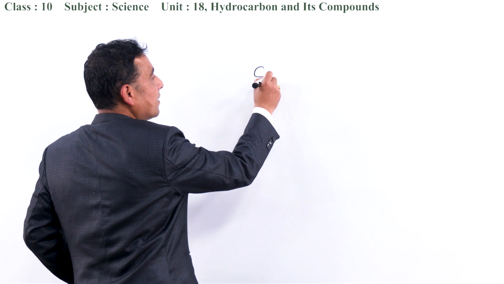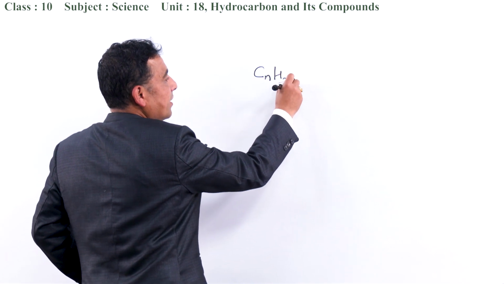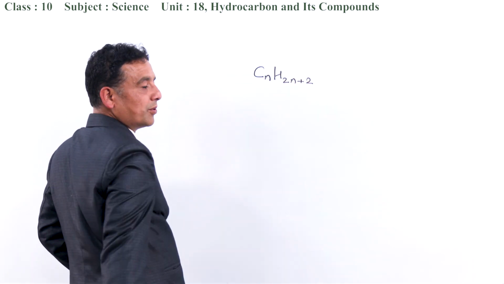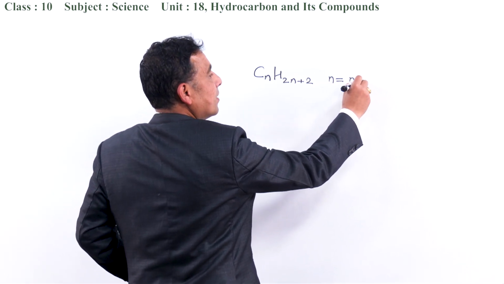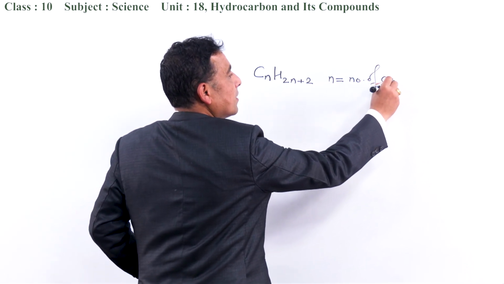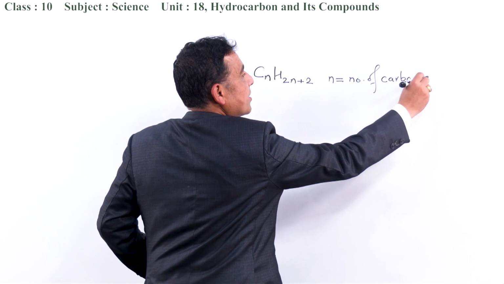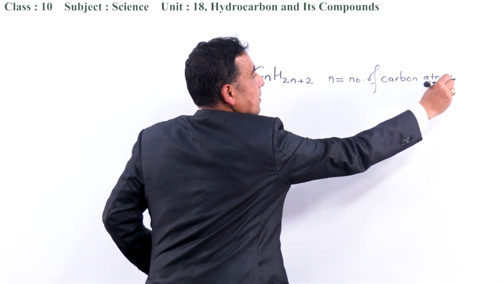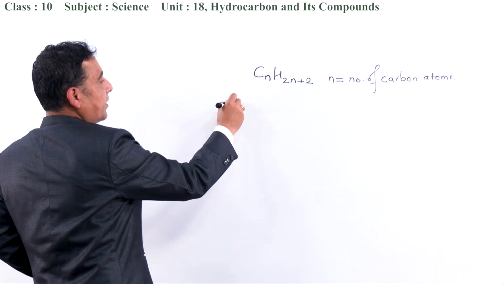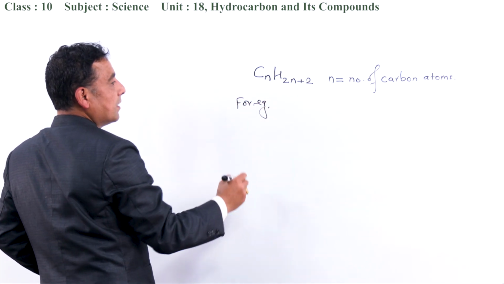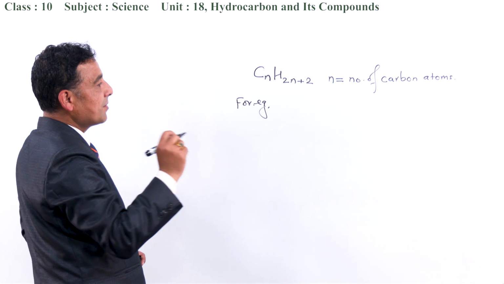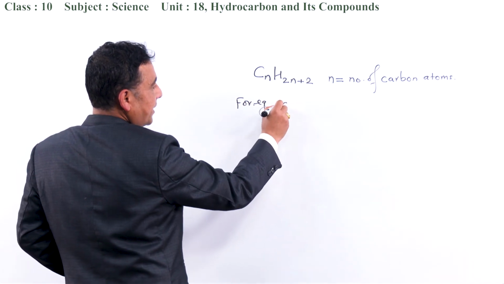CnH2n+2, where n represents the number of carbon atoms. For example, in methane you can see only one carbon atom, that means C1.